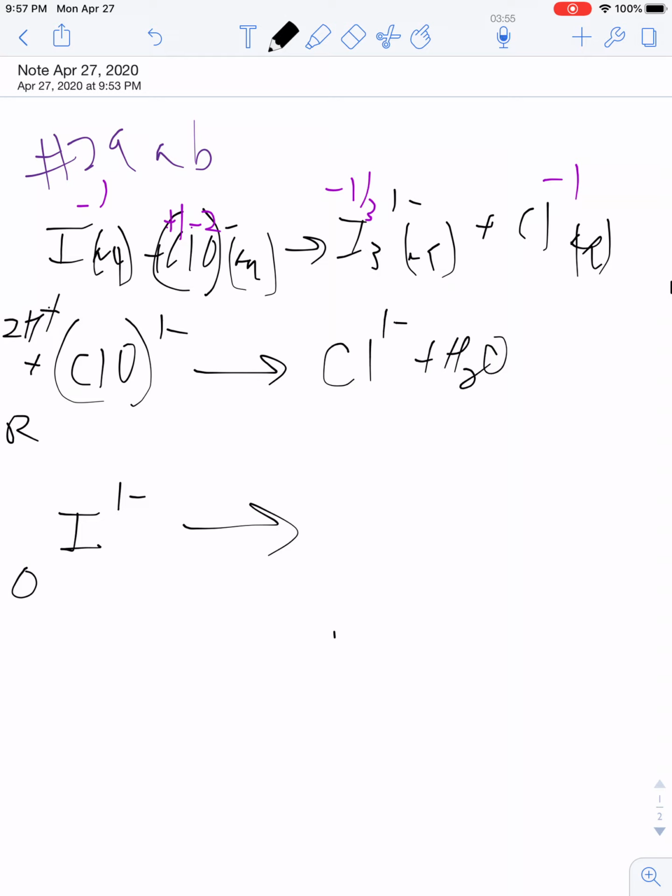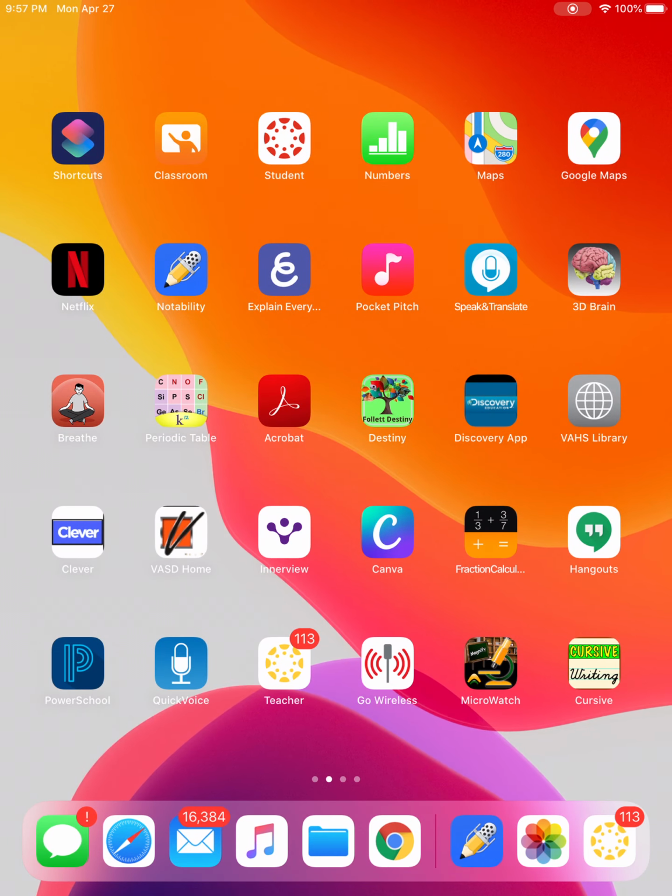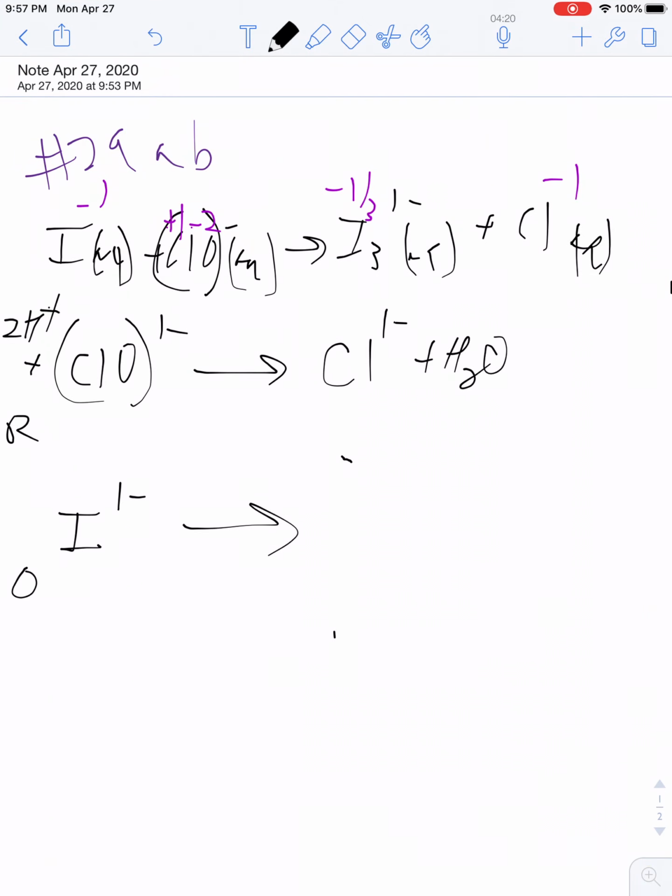On the left side, we've got a total charge of +1, and on the right side, we have a total charge of -1. So that means we're going to have to add 2 electrons to that side.